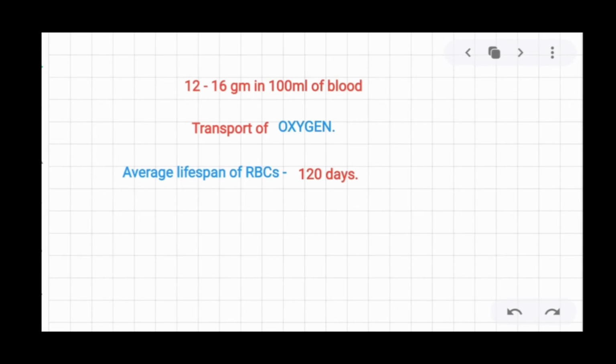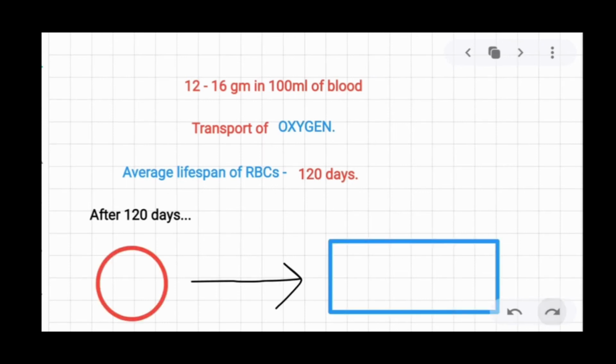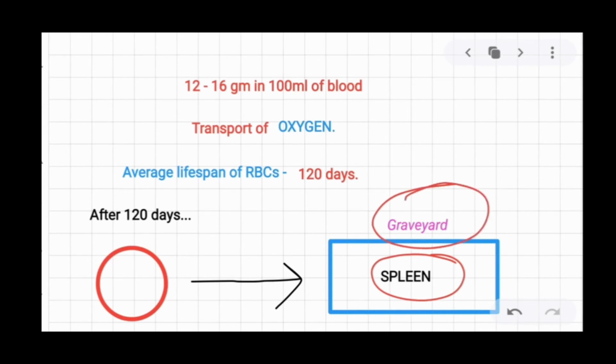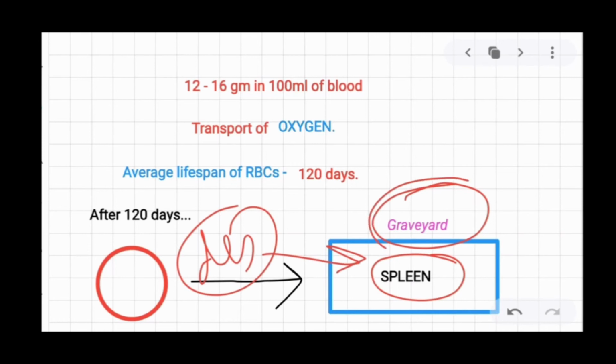But now the average lifespan of the RBCs is 120 days, and after 120 days, this red colored RBC goes to the spleen and gets destroyed. And that is the reason why we call the spleen the graveyard of the RBCs, because the RBCs get destroyed in the spleen.